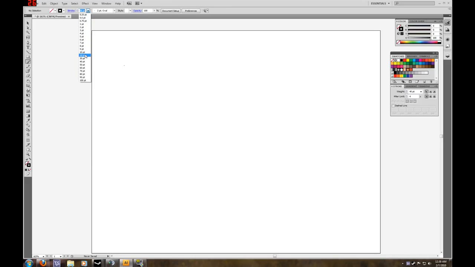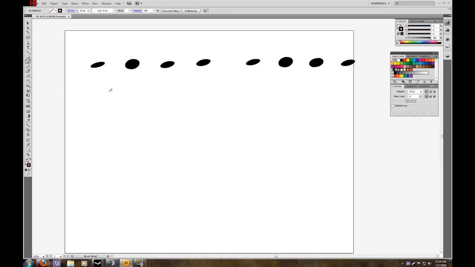Okay. So I begin by drawing out or writing out or making 8 dots. This represents 8 bits in an IP address.